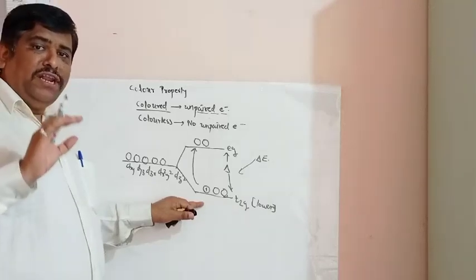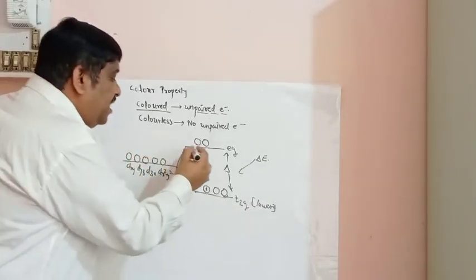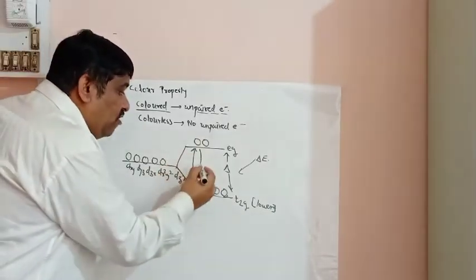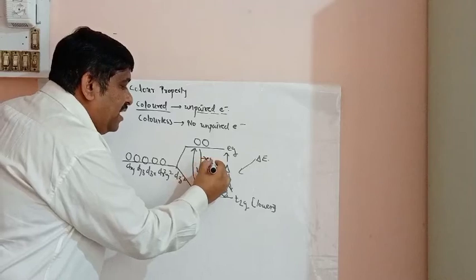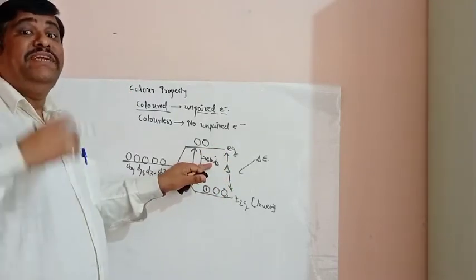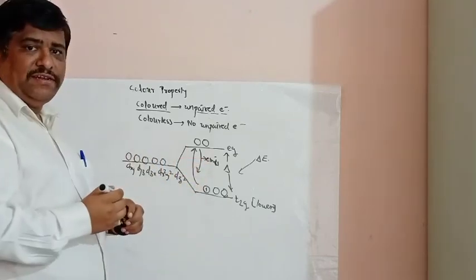But it cannot remain for a long time in the higher energy orbital. Again it falls back, and when it falls back, it emits the energy. It emits the light, it emits the radiation. Therefore, it shows the color.